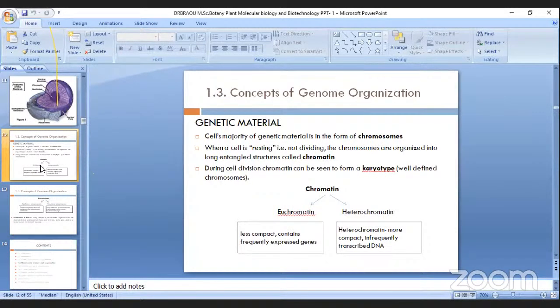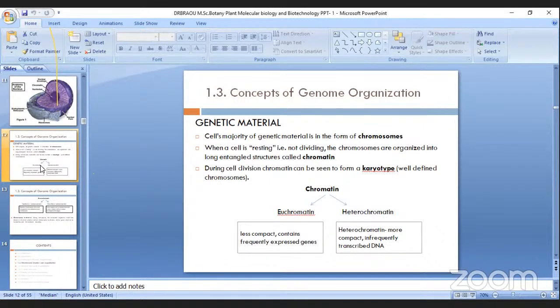But during the resting period, when the cell is not in a dividing state, which is called the resting phase, the chromosomes are organized into long thread-like structures which are entangled. These are called chromatin. It is present in the form of chromatin, and during cell division, it will be in the form of chromosomes. There are two types of chromatin, euchromatin and heterochromatin.